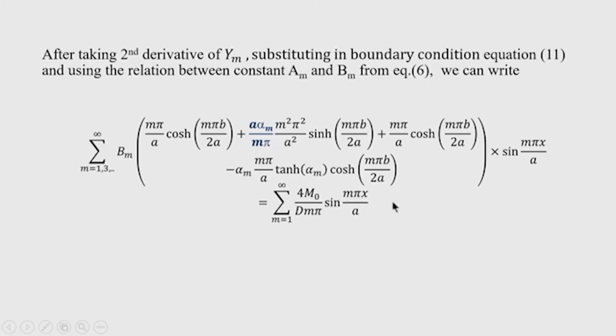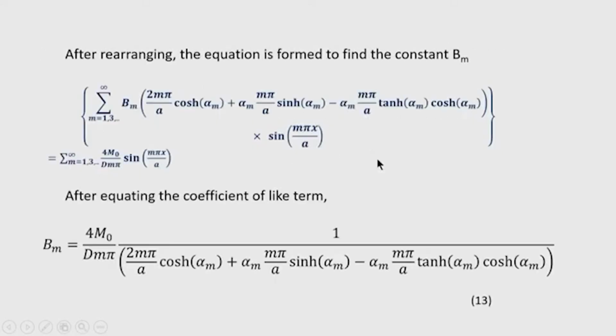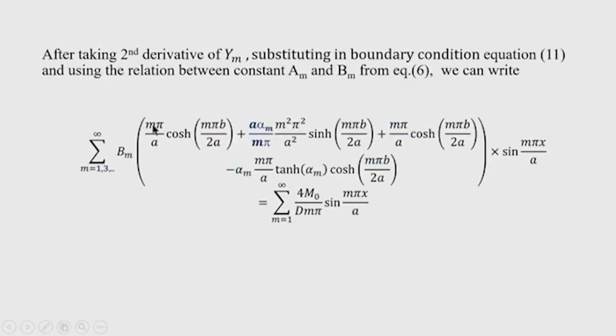Like that, you will get an infinite number of terms on the right hand side as well as on the left hand side. In each term you will get the coefficient b m, that is b 1, b 3, b 5, b 7, like that. Only odd coefficients will appear, because only odd integers m are required for the solution. So, comparing the coefficients of like terms is the technique. After rearrangement I have written it like that, because you can see that the cos m pi b by 2 a term is common.